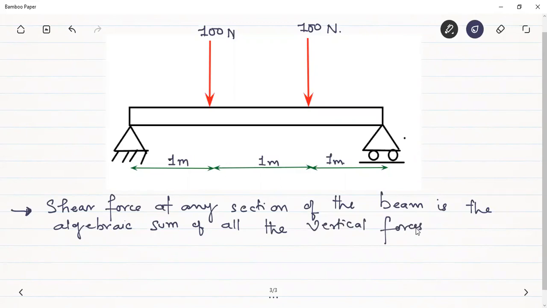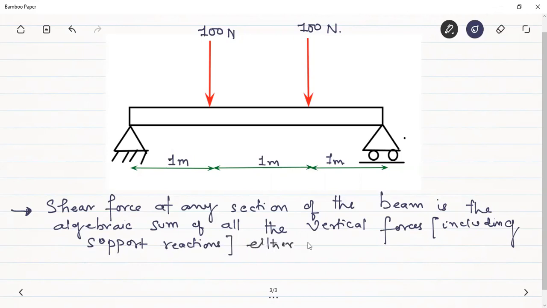Shear force at any section of the beam is the algebraic sum of all the vertical forces, including the support reactions. Not only the external loads applied, but also the support reactions, either towards the right or left of the section.